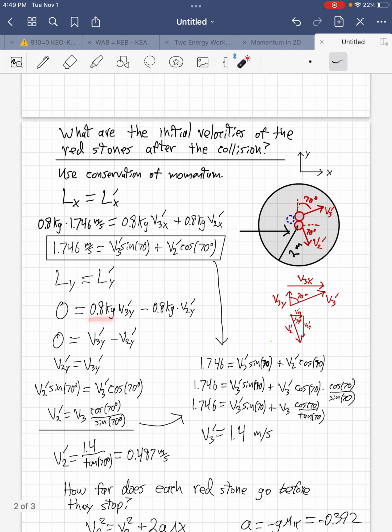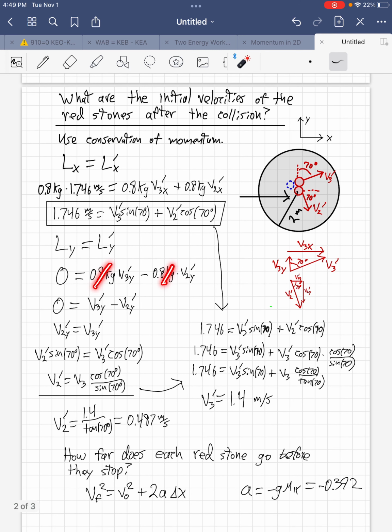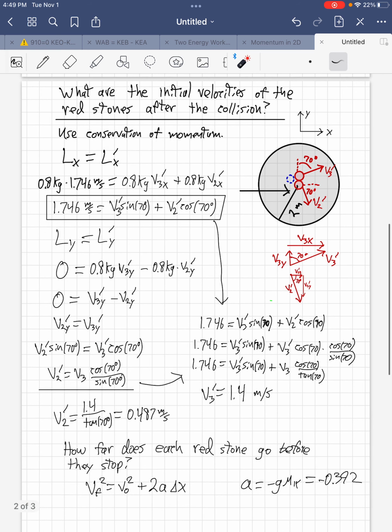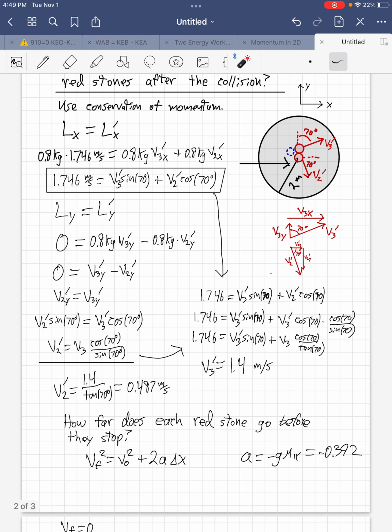So mass times the y velocity for the third stone minus the mass times the y velocity for the second stone. You can see the mass can cancel out. So the y velocity of the second stone has to equal the y velocity of the third stone. And again, we can express those in terms of the velocity magnitude. We find that V2 sine of 70 degrees equals V3 times cosine of 70 degrees.